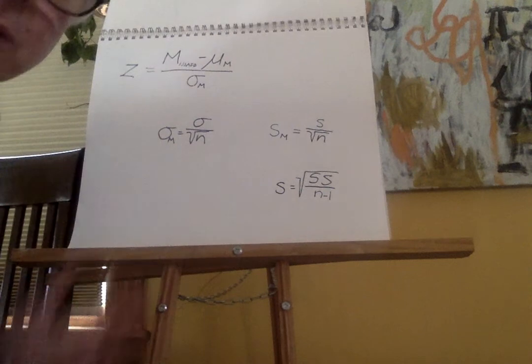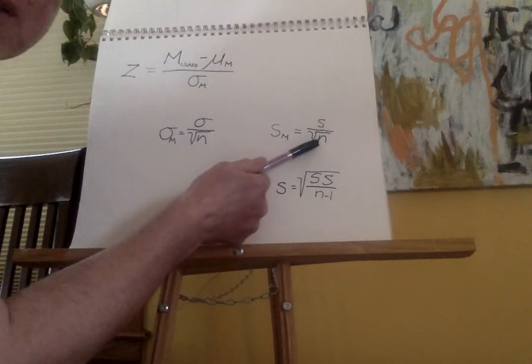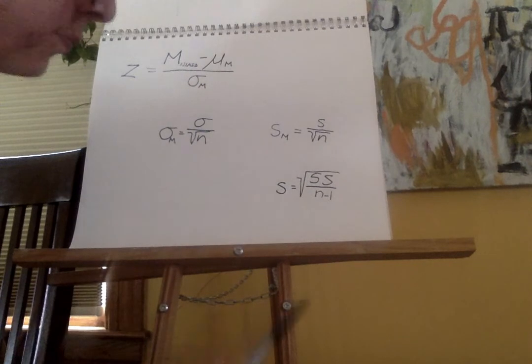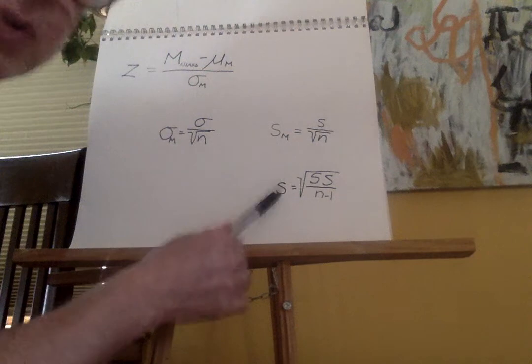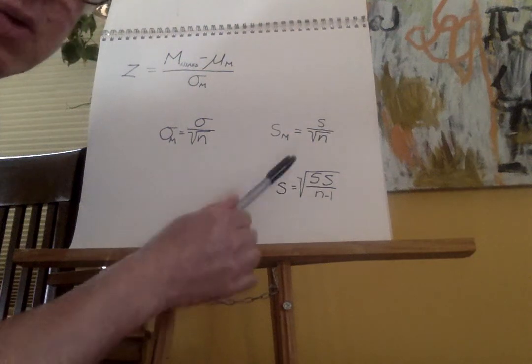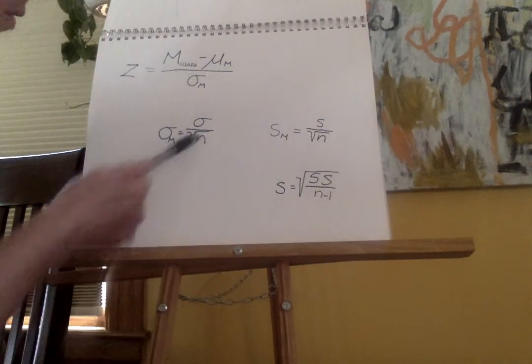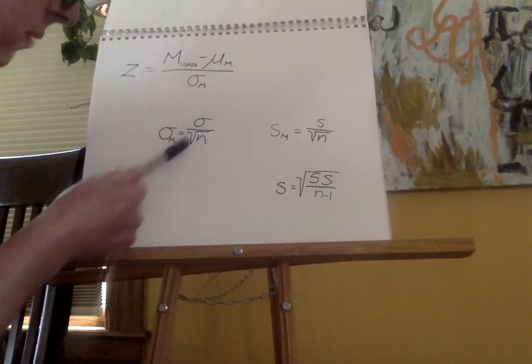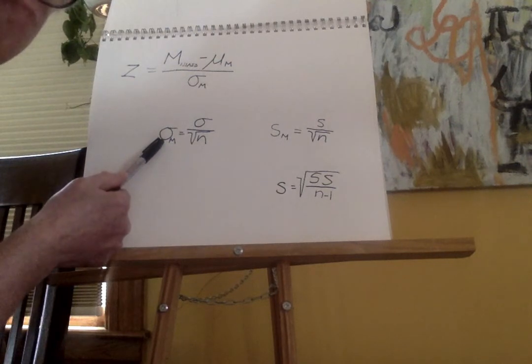Now, one of the questions that always comes up is, do we need to subtract n from this? And the answer is no. This is the new step. Once you get this, you treat it as if it was sigma. Over here, when we had sigma, we divided by the square root of n to get sigma sub m.